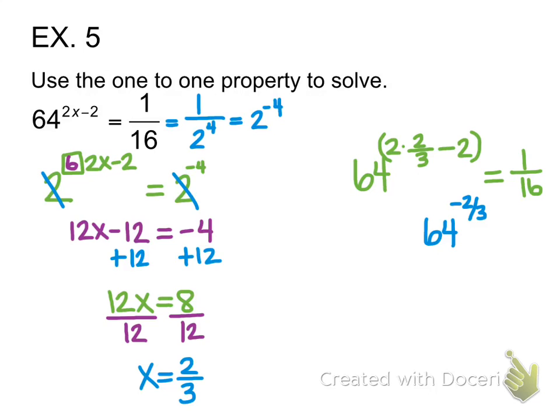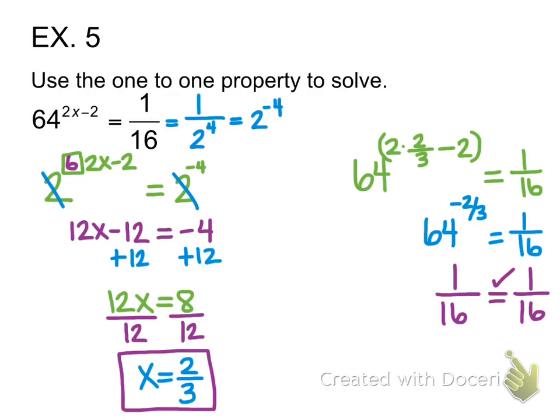And that gives me negative 2/3. So I've got 16 raised to the negative 2/3, and I want to know, does that equal 1 over 16? So if you type 16 to the negative 2/3 power into your calculator, you get 1 over 16 when you convert it back to a fraction. So that means that 2/3 is a solution.